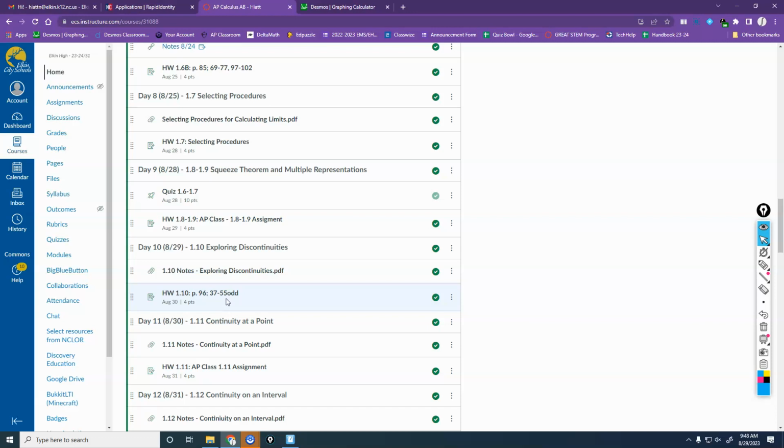What if I had just like a quadratic? What if I had just like f of x equals x squared plus 3x plus 2? What kind of discontinuities does that have? Nothing. It's just a quadratic. It doesn't have any holes or asymptotes. That's just none, right?